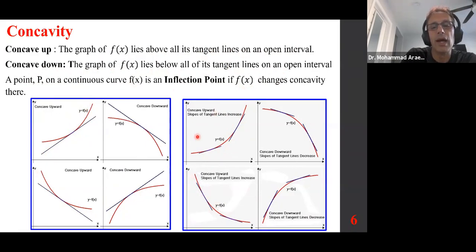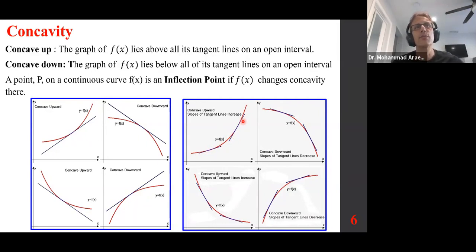But I want to also add, take a look at what's happening here. Here's the slope at some point. Okay, it's the slope of a tangent line. And then here's another one. So because it's concave up, this slope is positive, but this line is steeper and it's more positive, which means what?